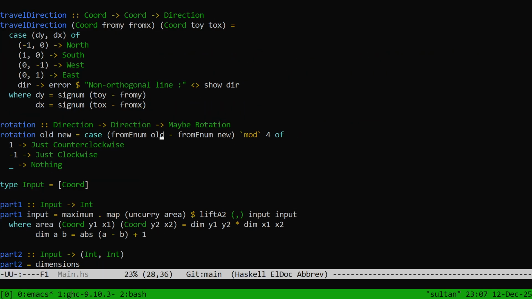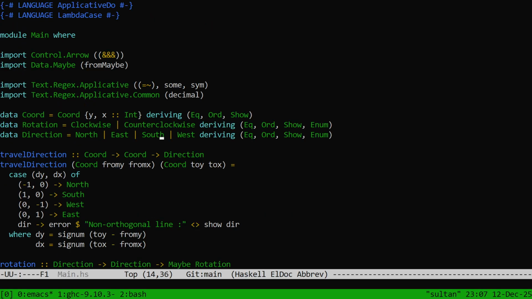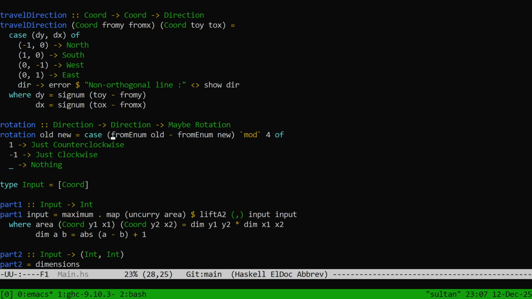Minus east. East is 1. 0 minus 1. That's minus 1. That mod 4 is 3. Yep, you're right, that's wrong. This should say 3, not 1. Because we'll never get an answer of minus 1 since we do a mod 4. Well, we might sometimes get an answer of minus 1. No, well, if we did, it would turn into a 3 because we're working mod 4.